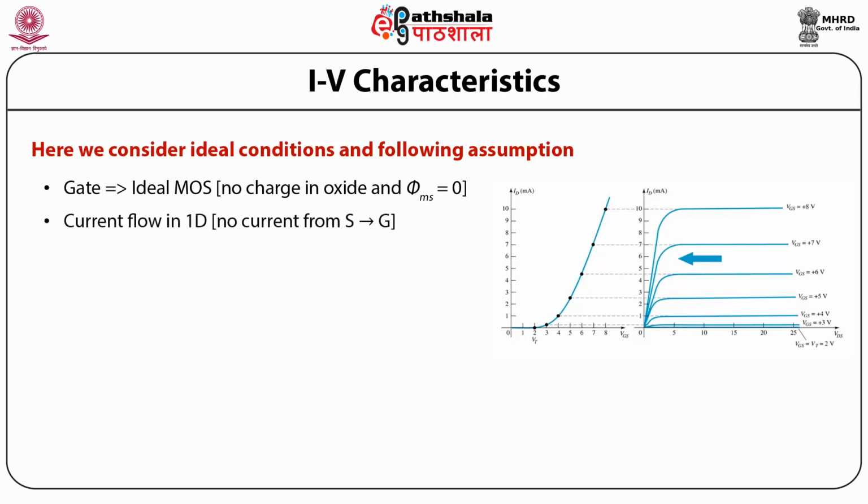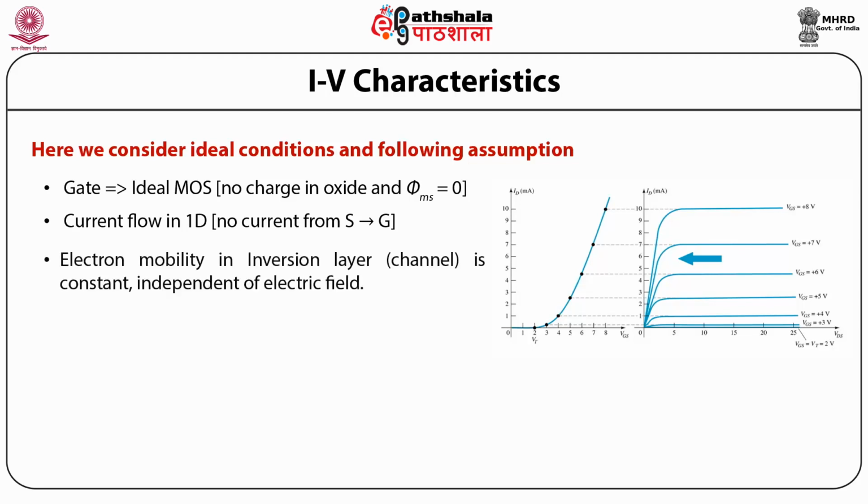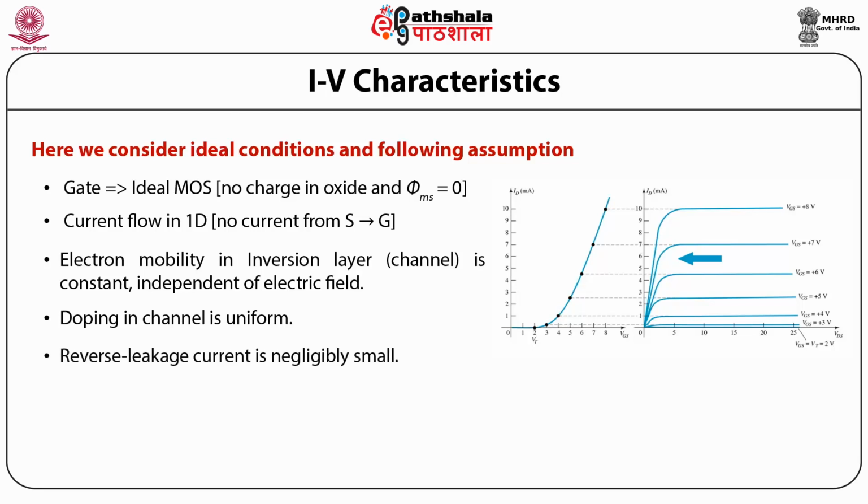Next, there is no current flowing from source to drain in the Vd direction. Third, electron mobility in the inversion layer channel is constant, independent of electric field. Doping in the channel is uniform. Reverse leakage current is negligibly small.